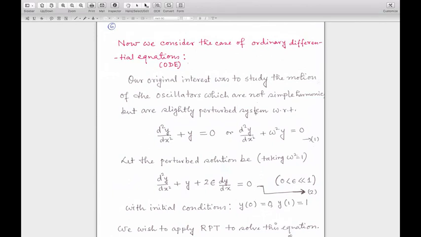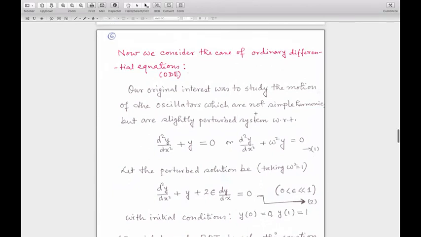Now here we start also with a very simple equation, which is basically our target equation. If you remember, we digressed to this method of perturbation from the discussion of small oscillations. So the equation of reference should also be the equation of simple harmonic oscillation.